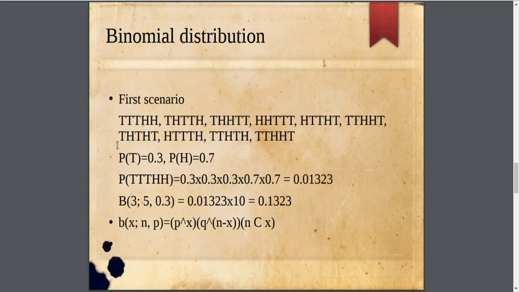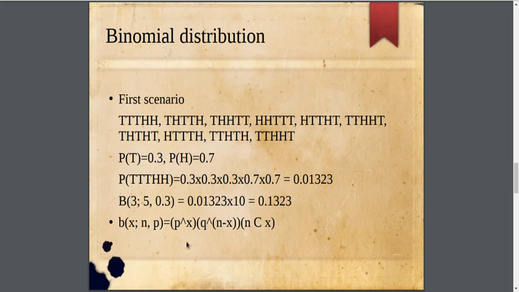I have listed them all here. You can verify that by hand. We get 10 possible scenarios for this situation, and if this is the probability for only one of these, we only have to multiply this probability by the 10 possible scenarios.